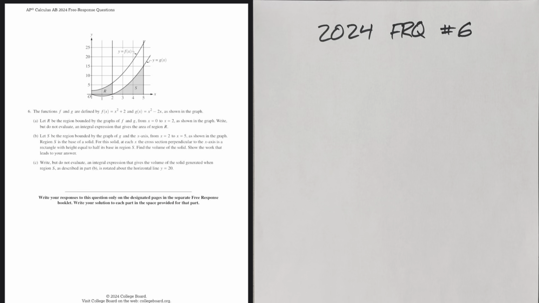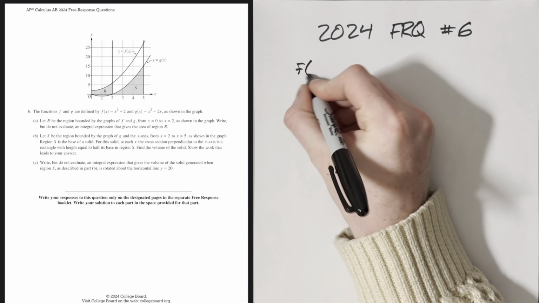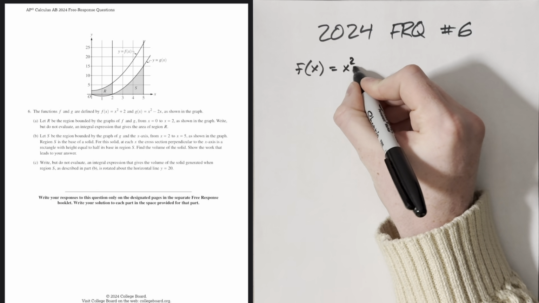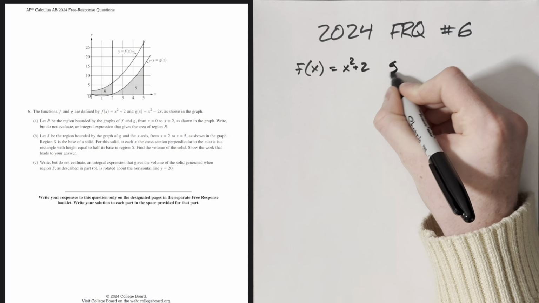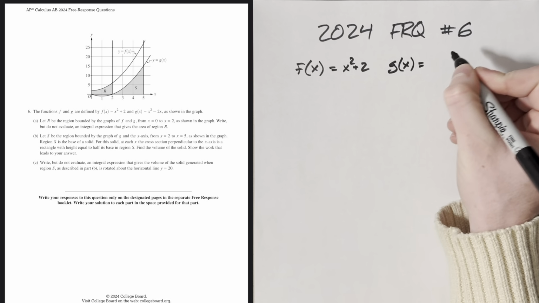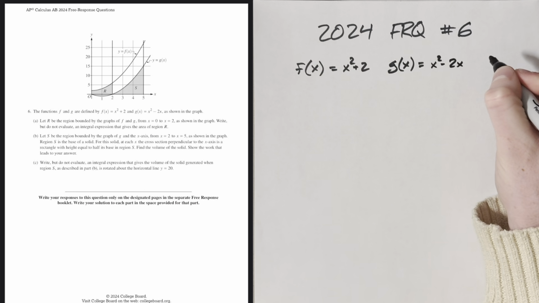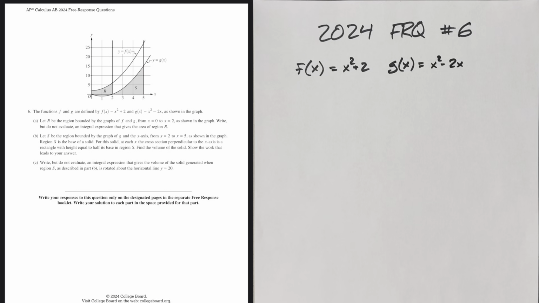So number 6 says the functions f and g are defined by f of x is equal to x squared plus 2, and g of x is equal to x squared minus 2x, as shown in the graph. They are clearly pictured in the graph, pretty easy to track with.